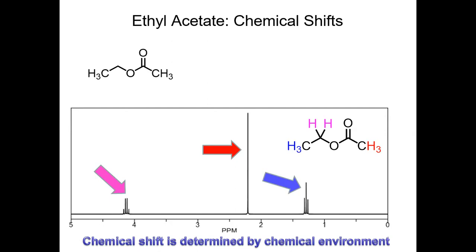Now look at the color coding. The quartet is for the pink protons, the red protons are the singlet, and the triplet is the blue protons. So why do you think the quartet is so far downfield? What's so special about it? If you look at what's around it, what's actually connected to that carbon is an oxygen.